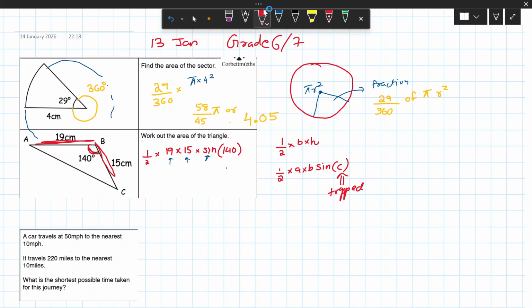So 0.5 times 19 times 15 times sine of the angle 140. That would be 91.59. To 3 significant figures, that would be 91.6 centimetres squared. Even this one is centimetres squared.